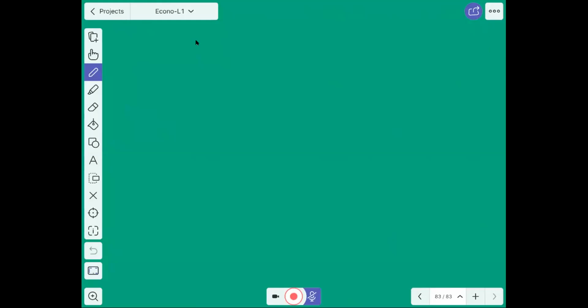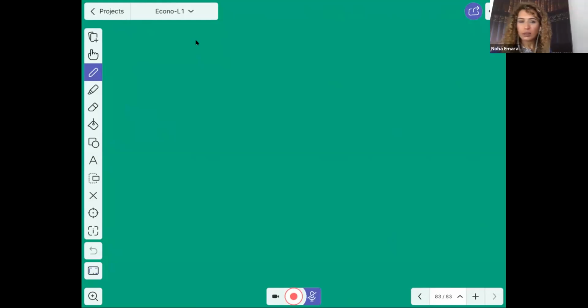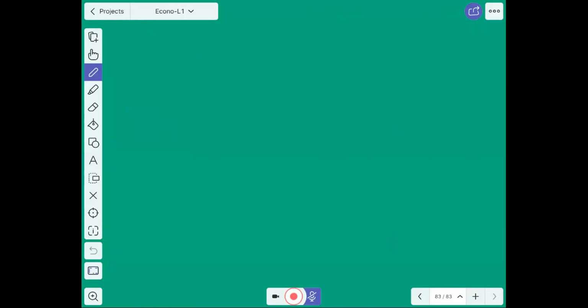If I stop sharing, then you will be able to share, right? Share screen. I stop. Do you see my screen? Oh. Yes, you're supposed to click on the green.